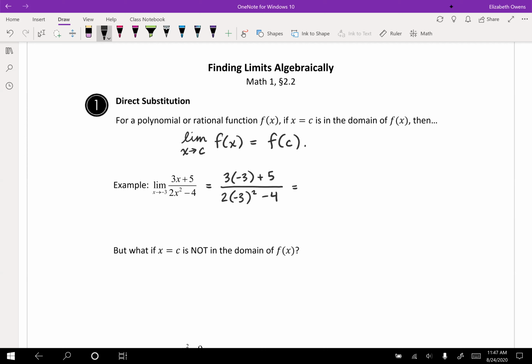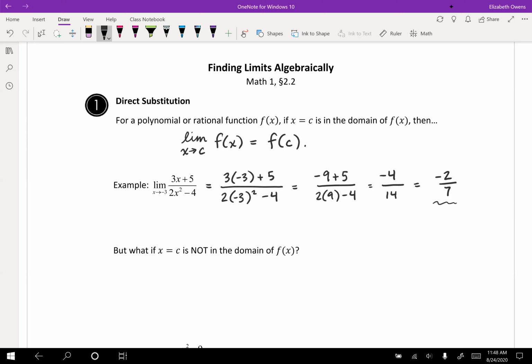And we get (-9 plus 5) over (2 times 9 minus 4). So that would be -4 over 14, and we would get -2/7. And so that is the value of that limit.